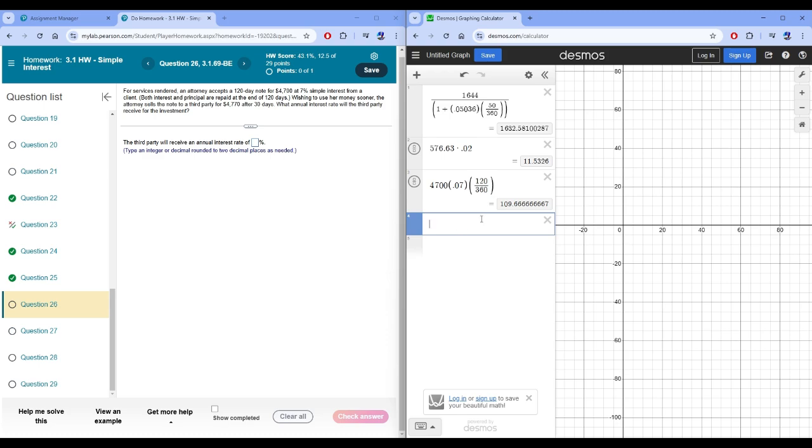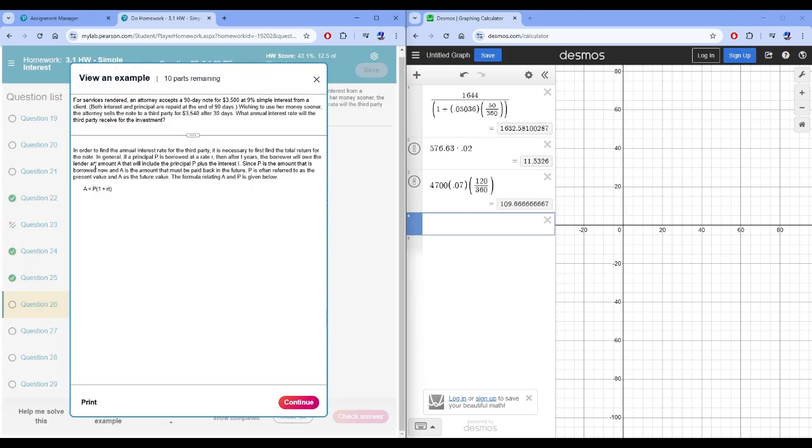And then if we put 4770, I got that. I'm just not sure what, so in order to find the interest rate, the formula related to A is there.